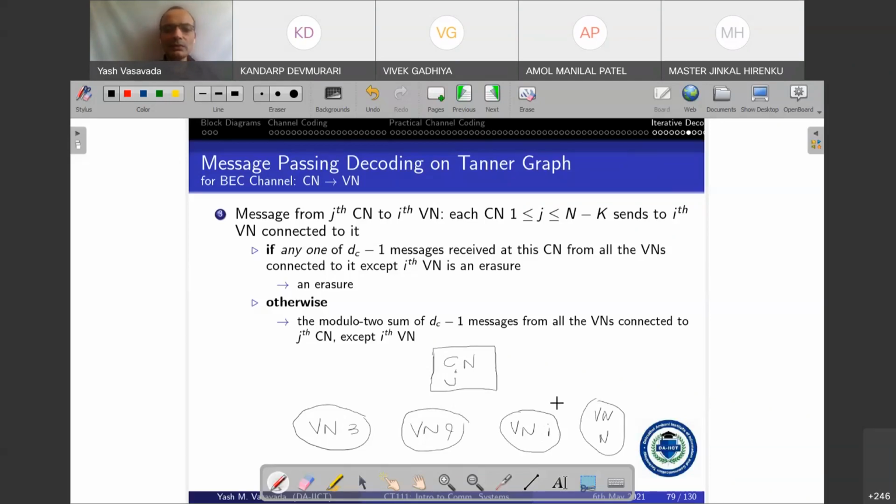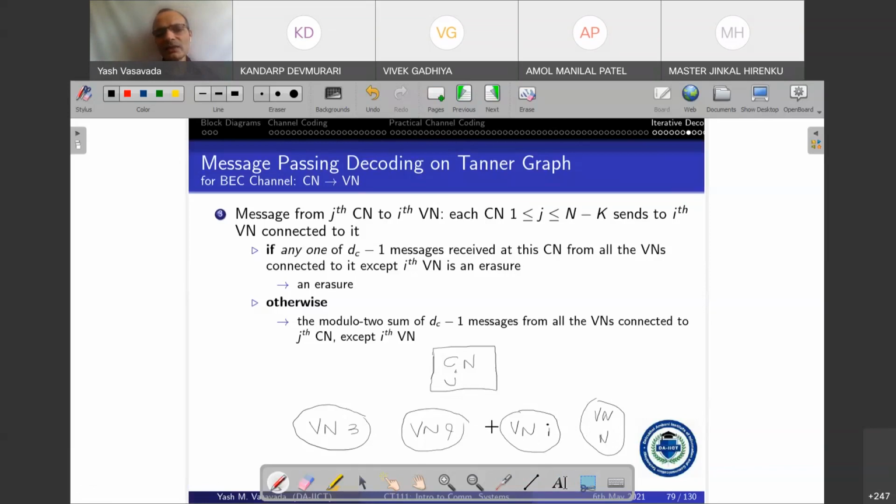Okay, so now what we are considering is how CNJ will send the message to the ith VN. And remember again, for CNJ, I will initially be 3. After it sends a message to 3, it will go to 9, it will go to I, and then it will go to N. So basically CNJ passes messages to all of the VNs that are connected to it.